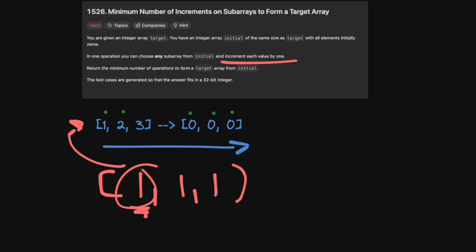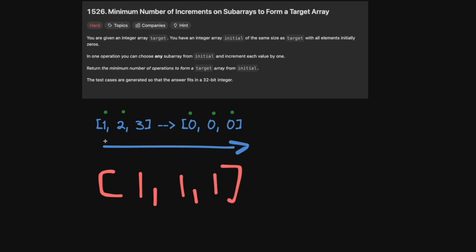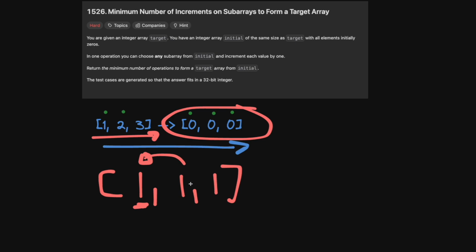So that means that as we're traversing through our target array, what we want to make sure is that if the previous value in the array that we're forming as part of our result is less than or equal to the current target that we're looking for, then we don't want to be incrementing it or touching it, because that means that the current number has already been incremented as part of the greedy approach that we did before.